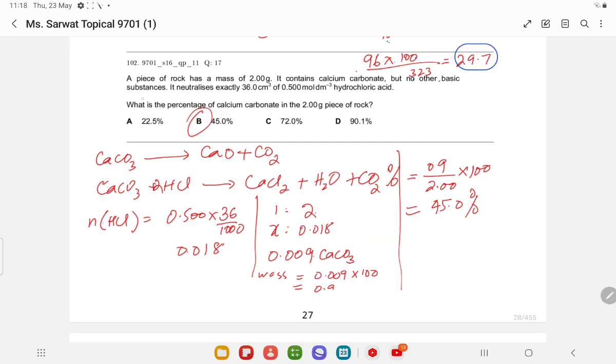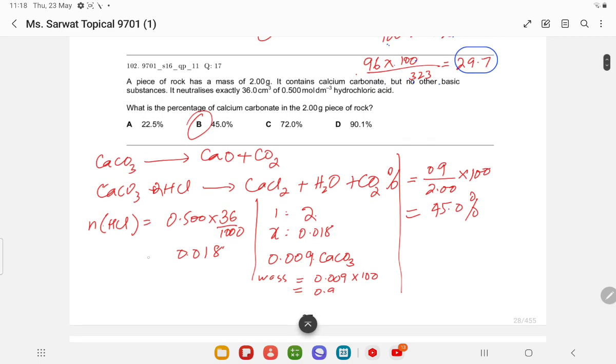So next question is, a piece of rock has a mass of 2 gram. It contains calcium carbonate but no other basic substance. It neutralizes exactly 36 cm³ of 0.500 mol/dm³ hydrochloric acid. What is the percentage of calcium carbonate in the 2 gram piece of rock? This is the reaction: calcium carbonate reacts with HCl to form water and carbon dioxide. Moles of HCl is 0.500 × 36 divided by 1000.